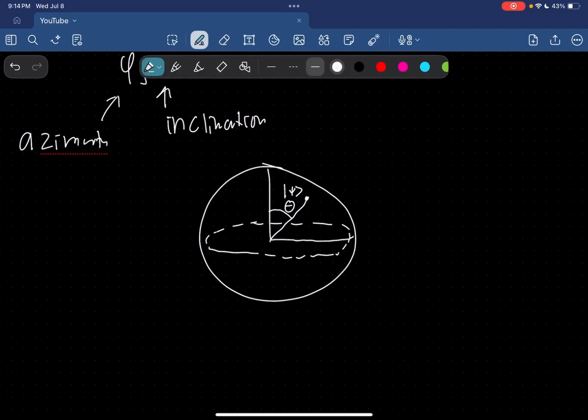Then this is our x-axis, this is our y-axis, this is our z-axis. That means phi is the angle from the x-axis, which will tell us where our state is.